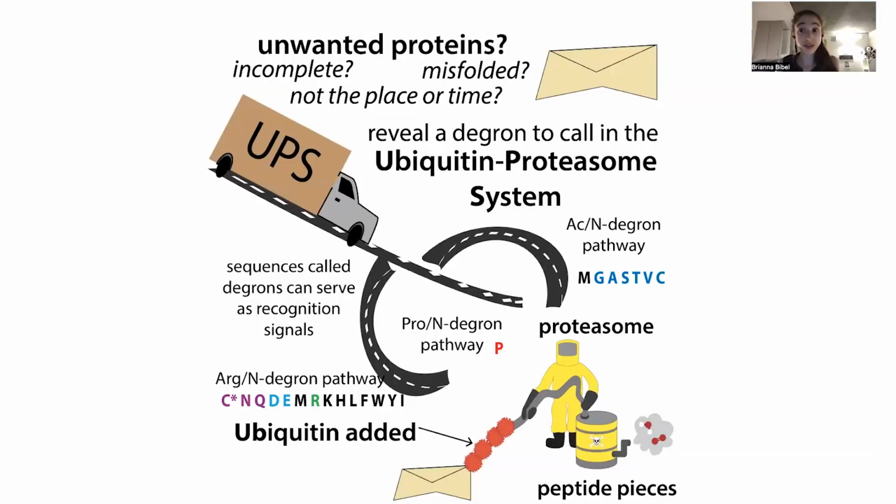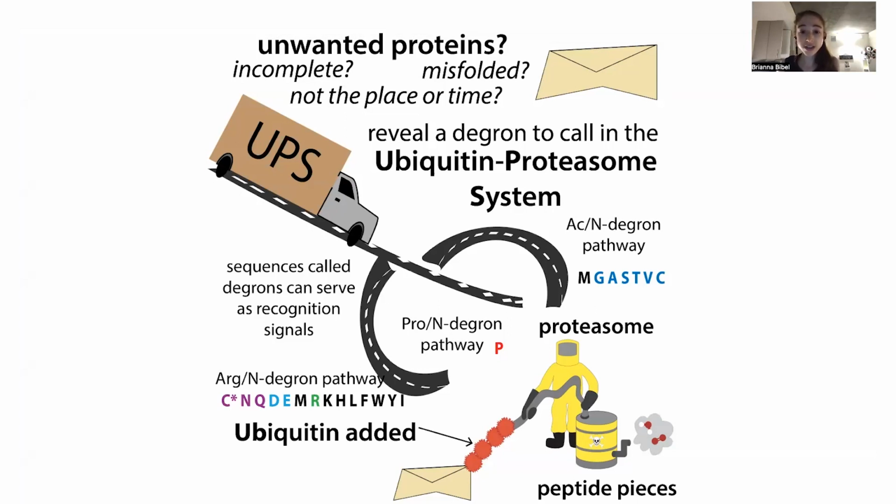Our bodies use the UPS, not the shipping company, but the Ubiquitin-Proteasome System, as a way to get rid of damaged or otherwise unwanted proteins. But they're deciding what is unwanted. What if we want to decide what's unwanted and what's wanted?